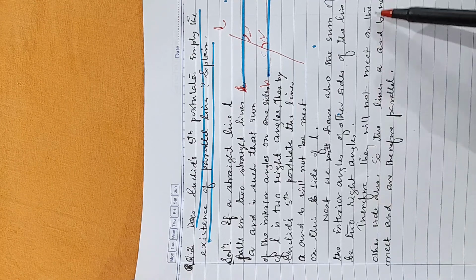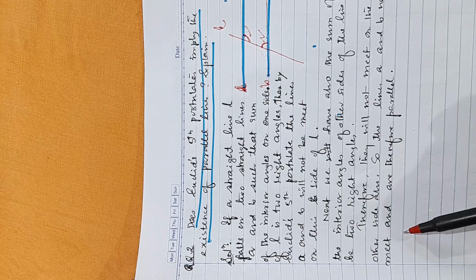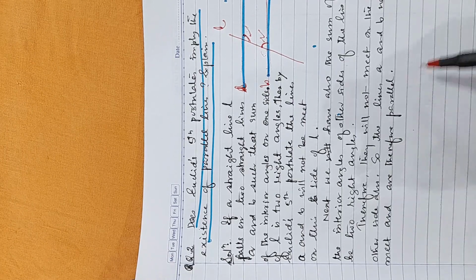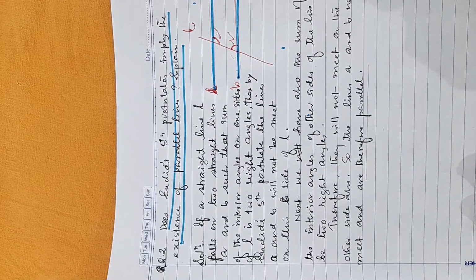Therefore, they will not meet on the other side also. So the lines A and B never meet, and therefore they are parallel.